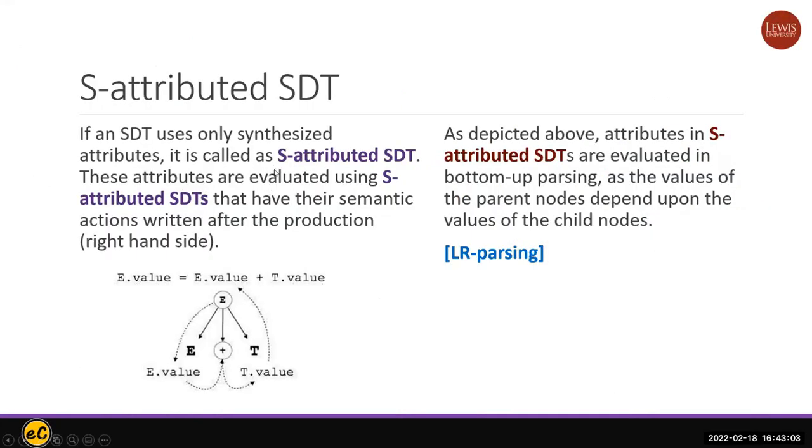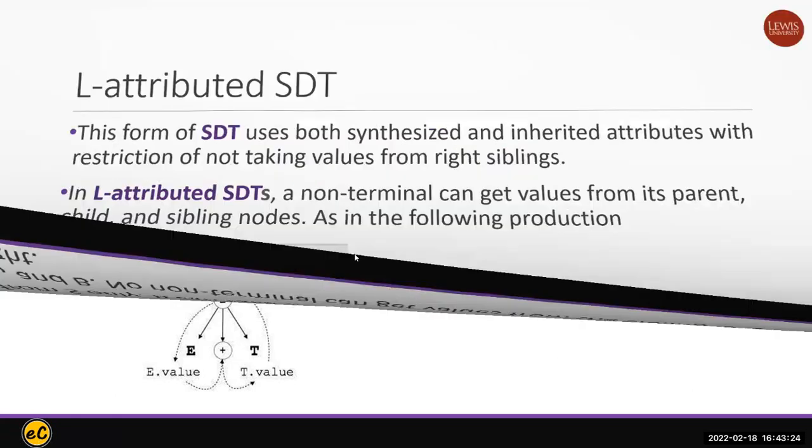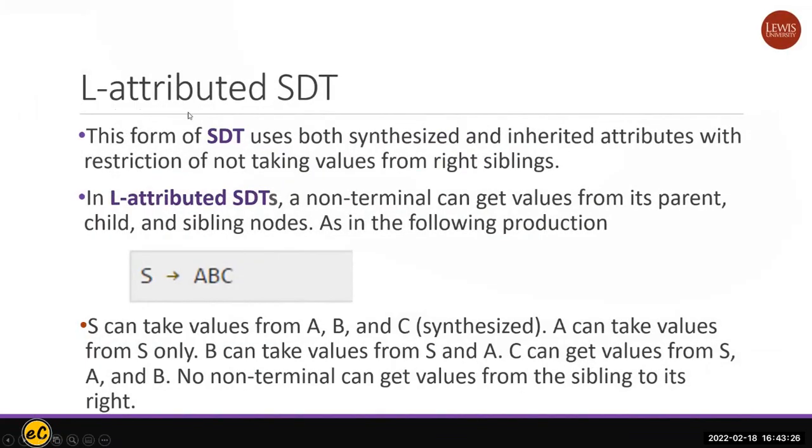Okay, so here you have an S-type SDT. So you have E.value equals E.value plus T.value. That is S attributed SDT. Okay. So as depicted above, the attributes in S attributed SDT are evaluated in bottom-up format, okay, that we know. So there's another kind called L attributed.